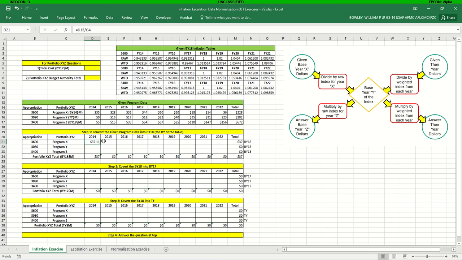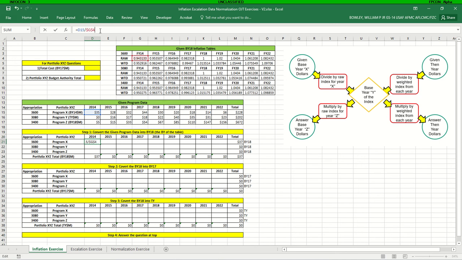So you see here for this program X, we're converting all the data in all these years from base year 14 to base year 18. What this means is that this index here is actually going to be used for all these years. So in order to make this a little easier, we're going to lock that cell reference. To do that, click in your formula bar while you're on the calculation, and press F4.